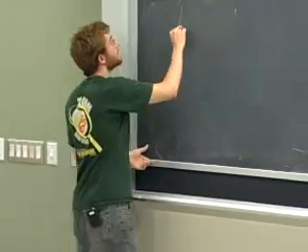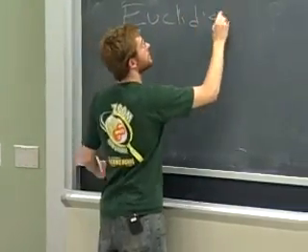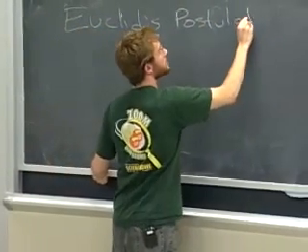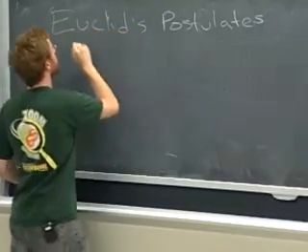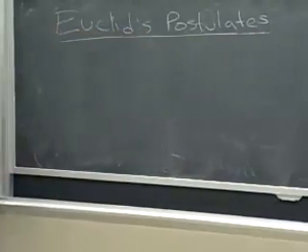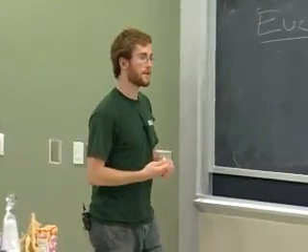So we've got Euclid's postulates. I'm not going to go through them all. They're actually listed, I believe, in chapter 4. But there was one postulate which really got on Euclid's nerves. And that was known as the fifth postulate.